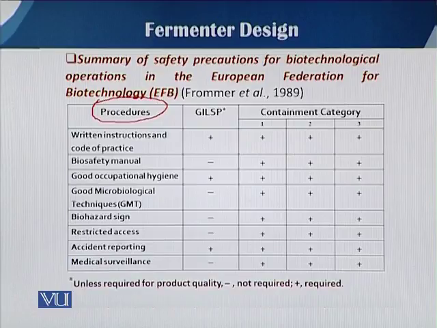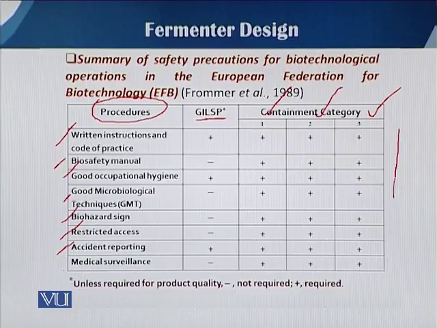You can see here category 0, 1, 2 and 3. These are the procedures: written instructions and codes of practice, biosafety manual, good occupational hygiene, good microbiological techniques, biohazard signs, restricted access, and accident reporting.